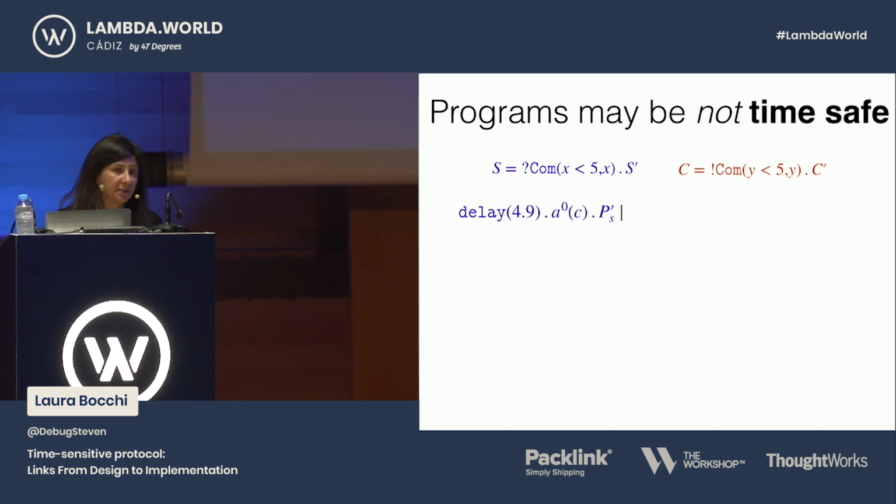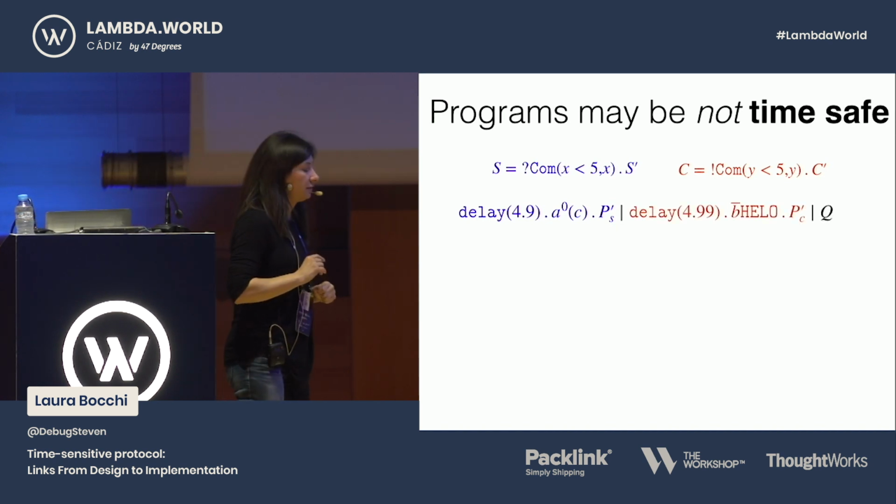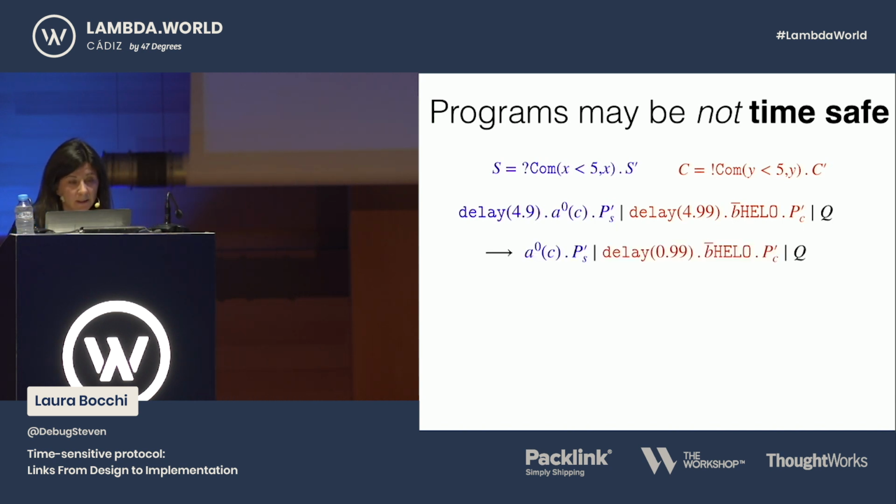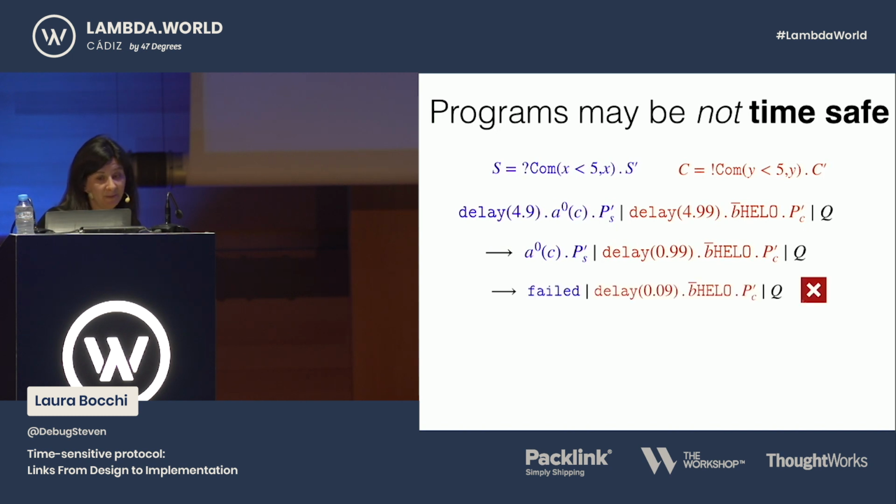The client doesn't know how the server is implemented and may decide to wait just a little bit longer than 4.9 before sending a message. This would go into a state in which the server needs to receive now and the client wants to send a little bit later. And this brings to a failed state. So this is not a good implementation of the protocol.